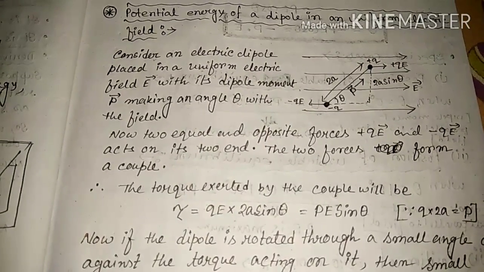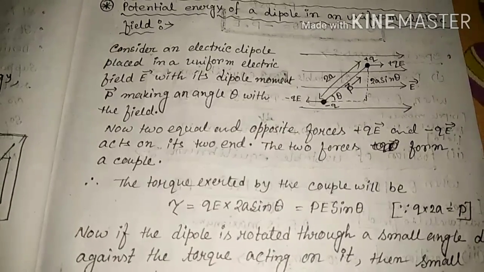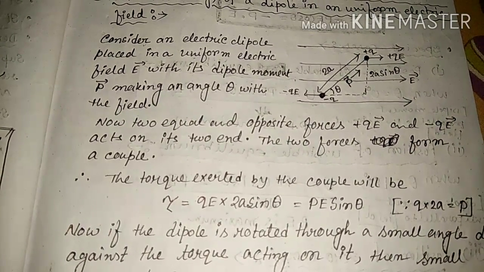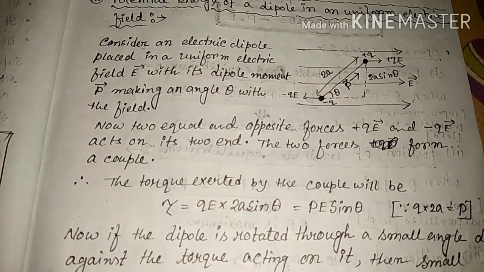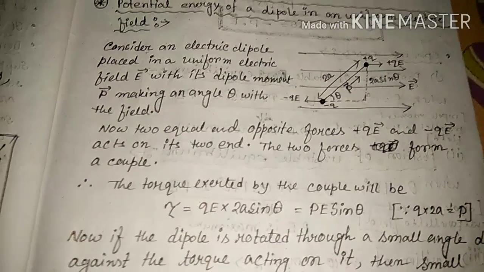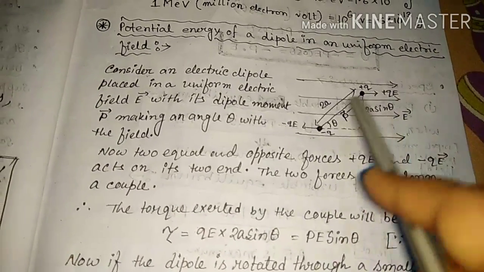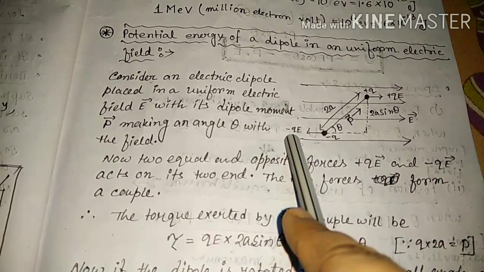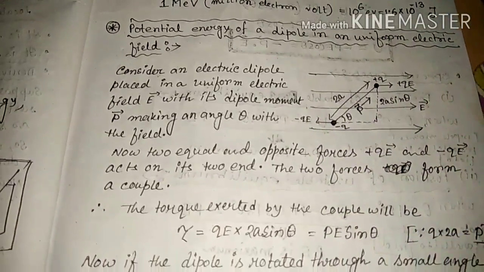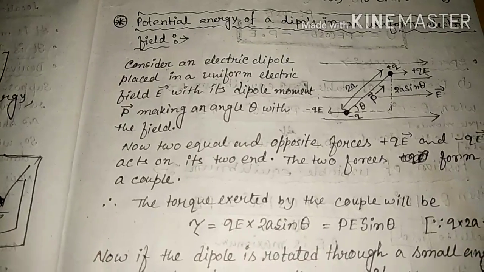That dipole is placed in a uniform electric field, as shown in the figure. When it is placed, with charges plus q and minus q, one force is exerted due to plus q, that is plus qE towards this side, and minus qE towards the other side. So total force F equals plus qE minus qE equals 0. We also proved this in the first chapter.